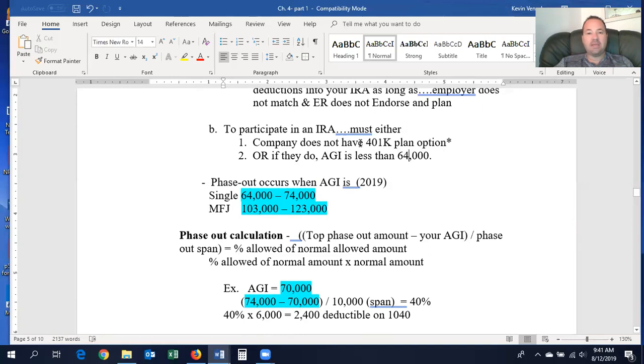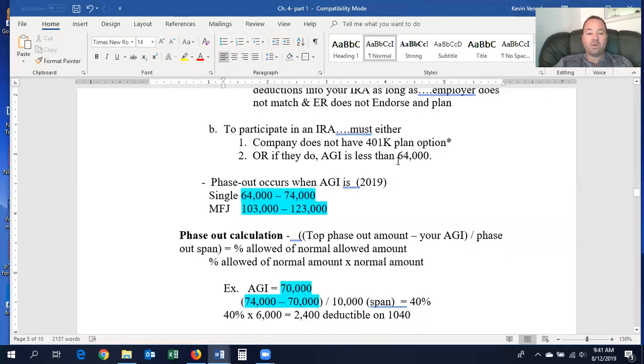So that's if your company does not have a retirement plan option. If the company does have a retirement plan option, then if you make less than $64,000, you're good. You can put it up to the full limit.